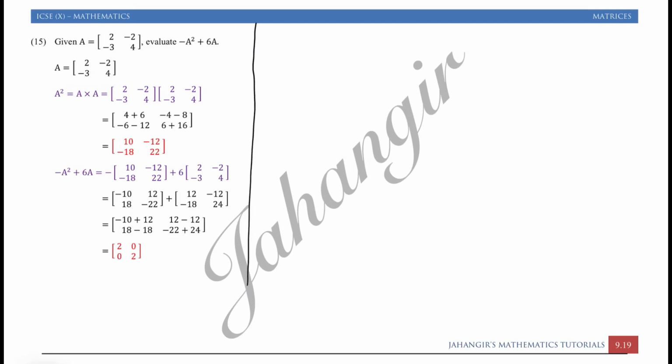15th. A is given, we have to just evaluate minus A square plus 6I. So let me find first A square. So A square I can find as A multiplied by A. So A value is 2 minus 3, minus 2 4, into 2 minus 3, minus 2 4.